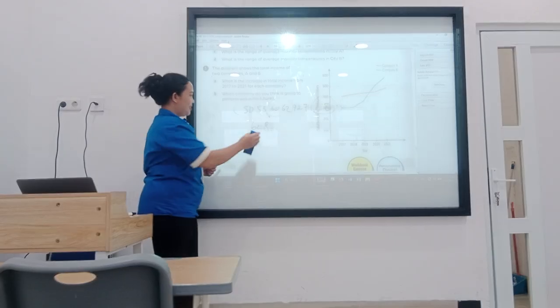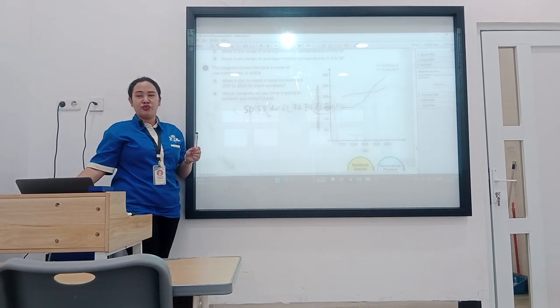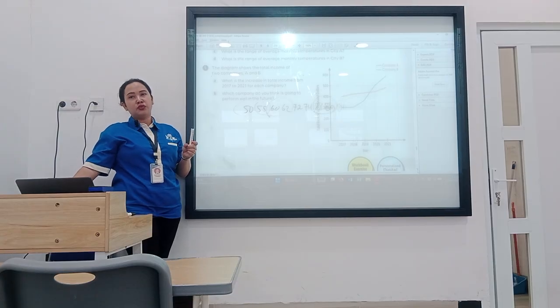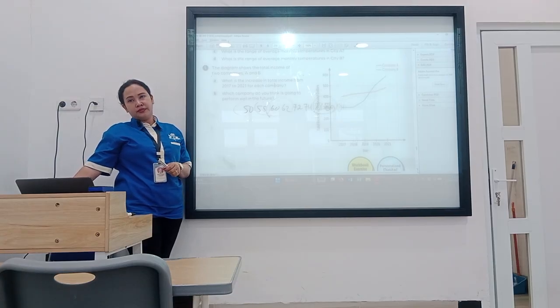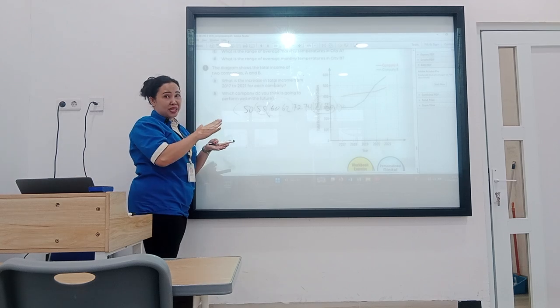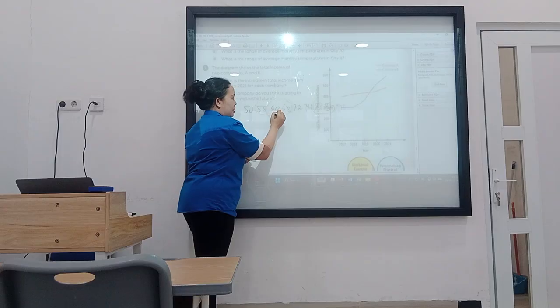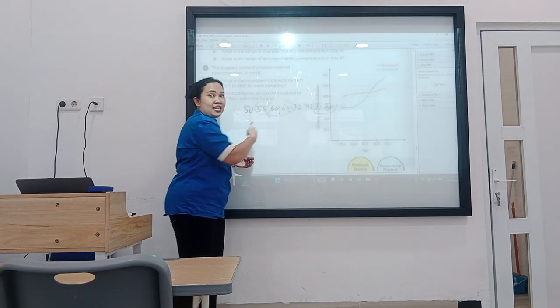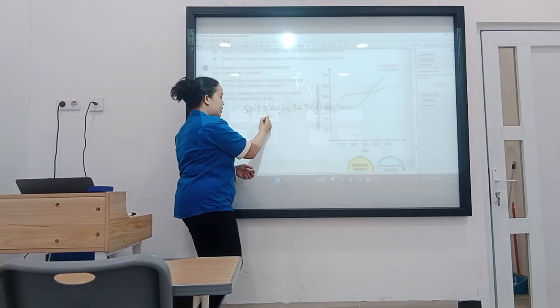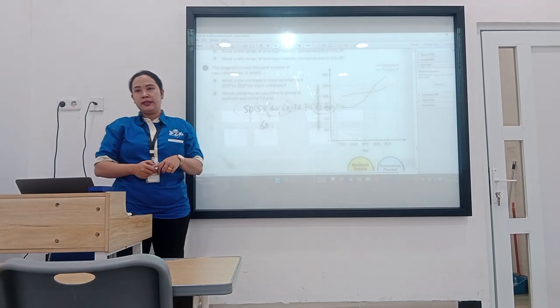Okay, Miss. The number that appears most often is the mode. You need to see the same number that appears the most. Like just now I put 60 here, it means this number appears more than another number, so the mode here is 60.